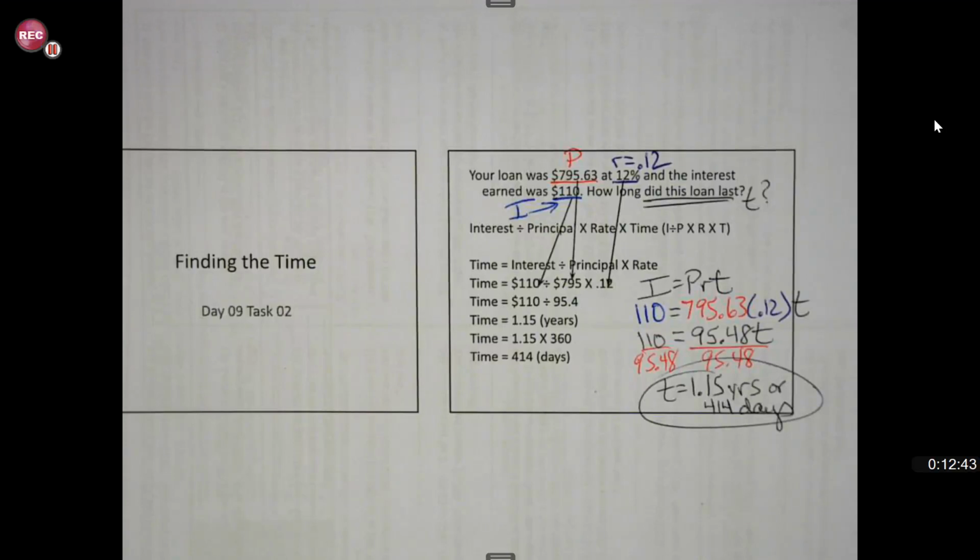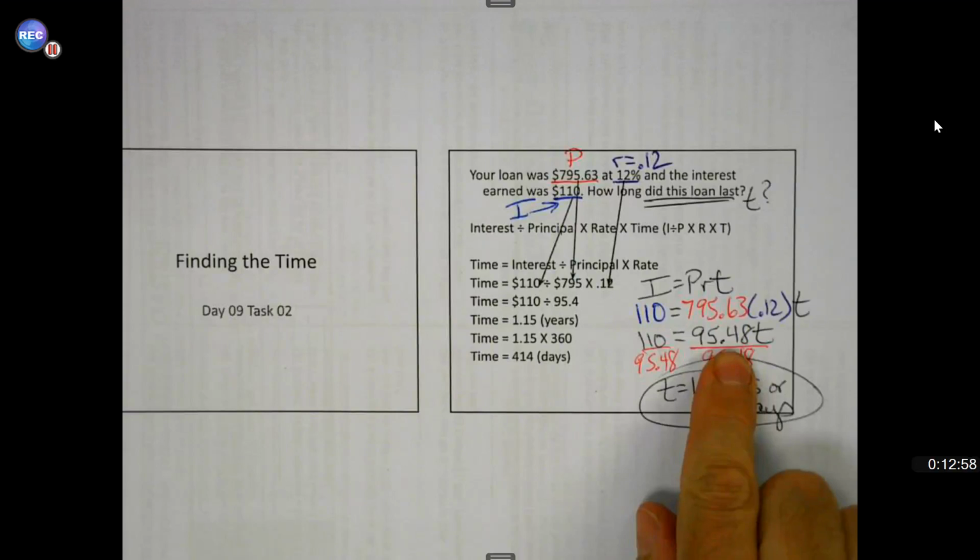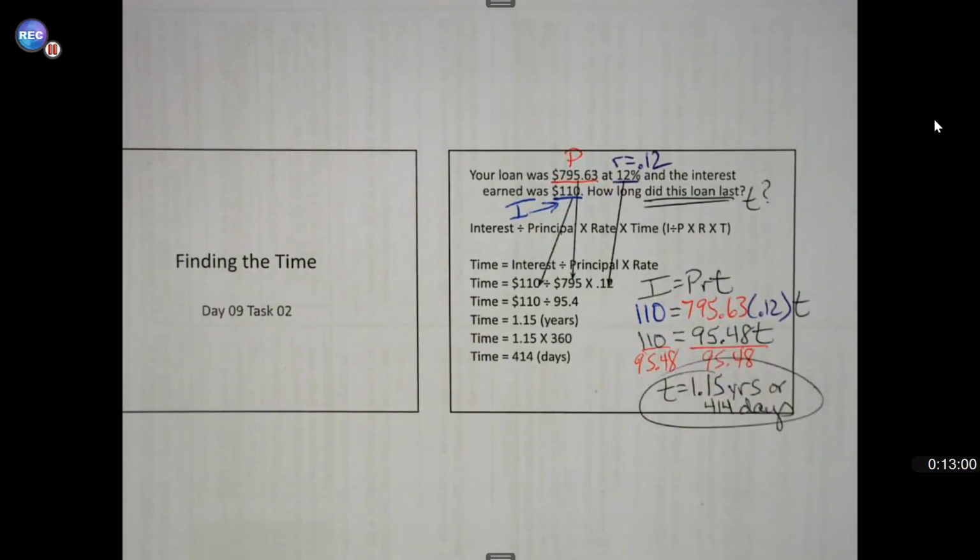But we're going to have to discuss one thing with the time, because there's a twist that can come into this one too. So if I get my values in, again, you may be slightly different from me on the decimal if you rounded differently here. Like if you look and say, well, I'm going to use 95, I would say that's a little too much rounding. You want to go to at least a couple of decimal points with these.